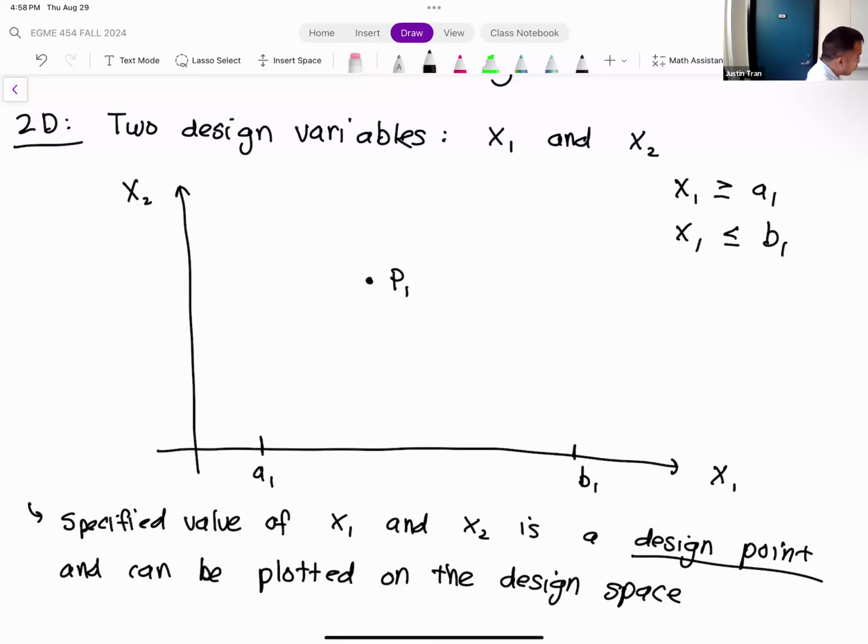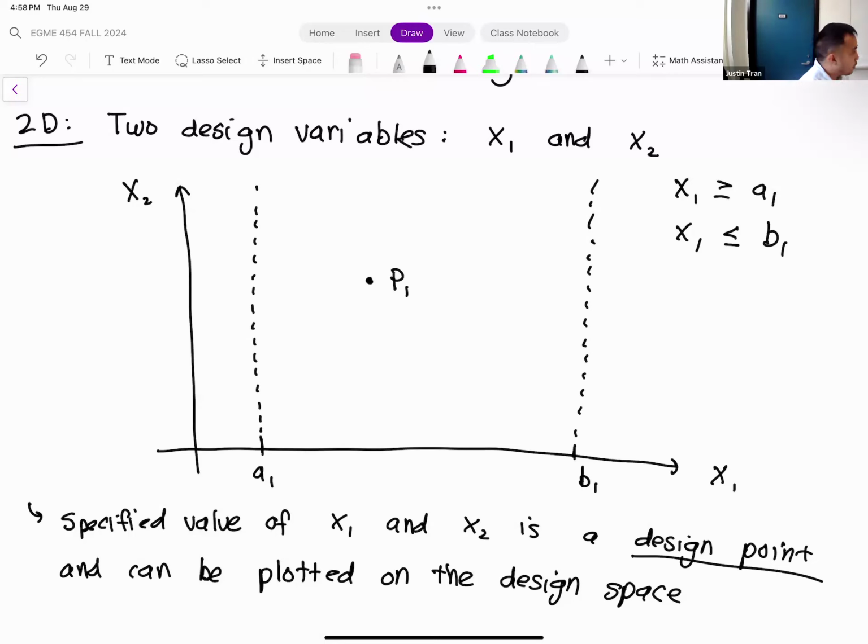These are constraints on x1, so we put them on the x1 axis. We can extend those lines upwards, and those dotted lines show us our permissible region or valid region for x1.